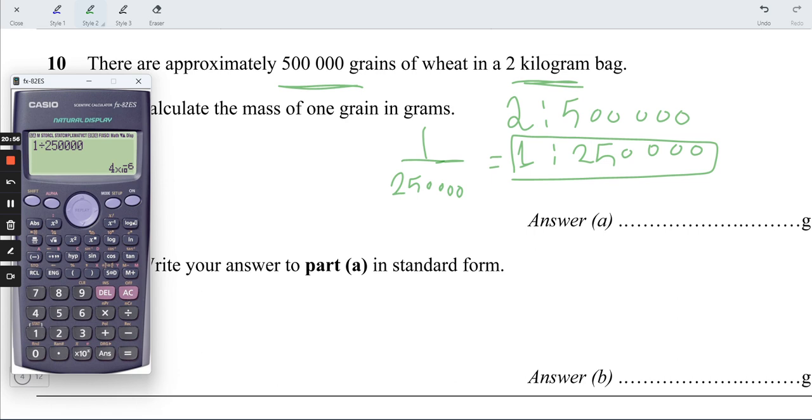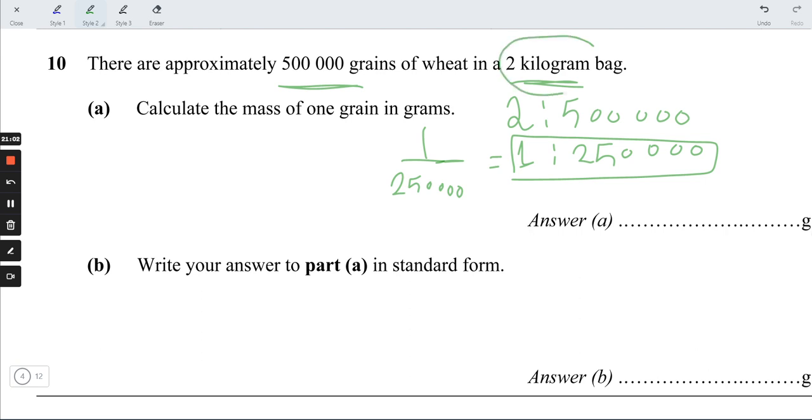But be careful here. The question itself says 2 kilograms, but here they need your answer in grams.